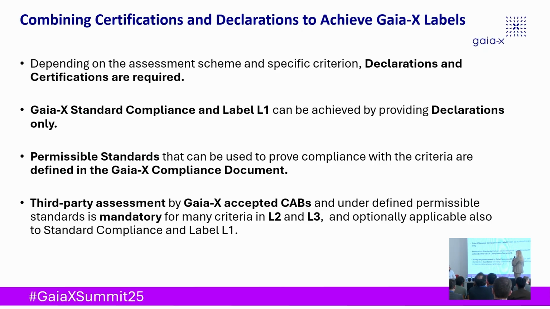Part of the compliance document is the definition of the permissible standards for each criterion, the possible standards that you can provide in order to prove compliance with the criterion. So we have many permissible standards for each criterion.